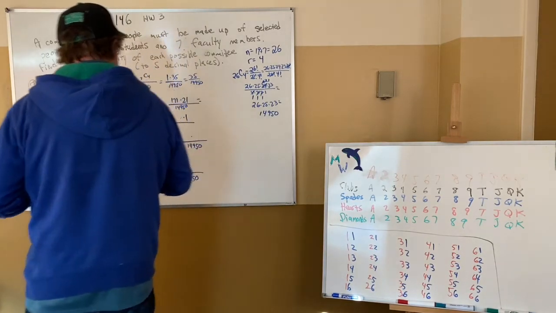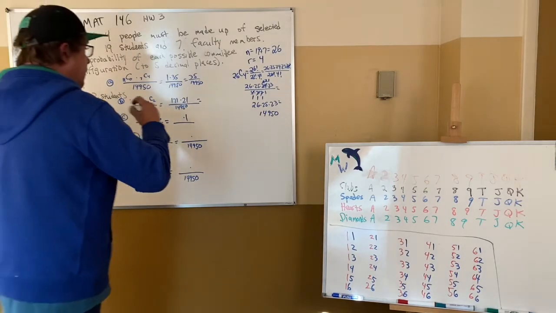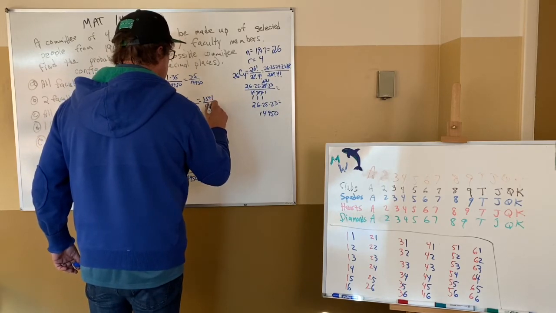Let's figure out what that's going to be: 171 times 21 is 3591, over 14,950.